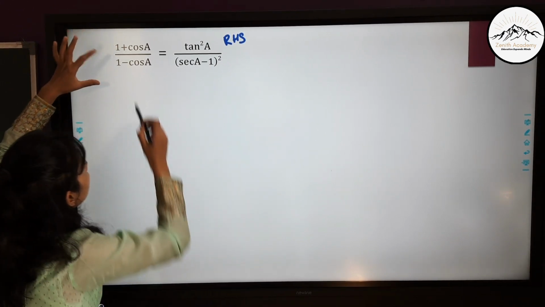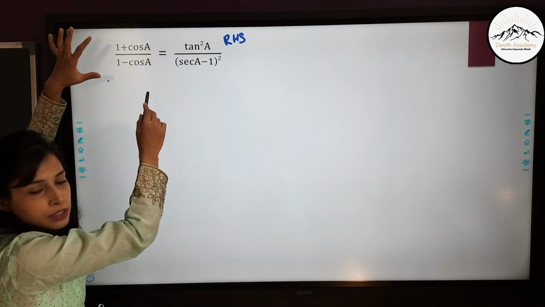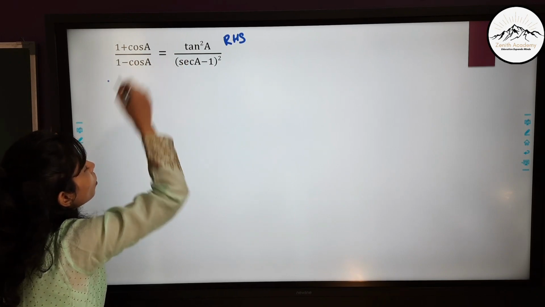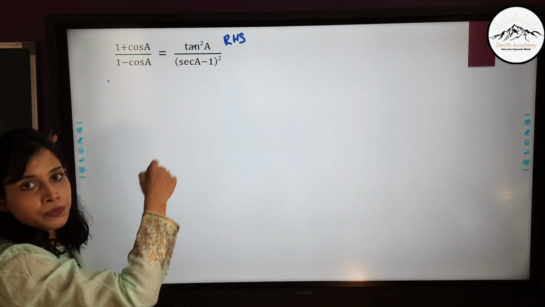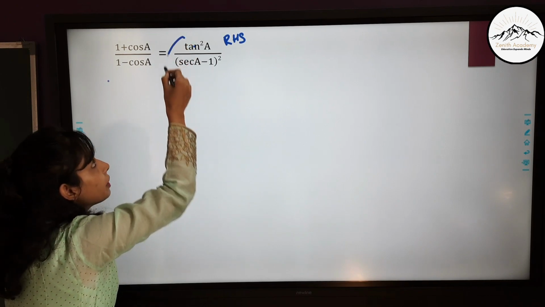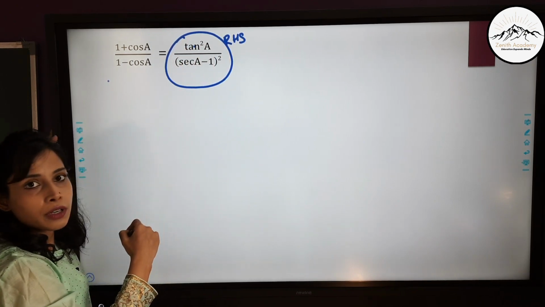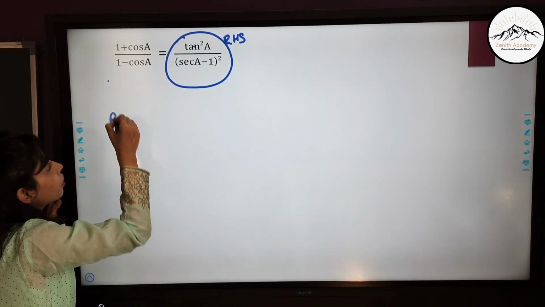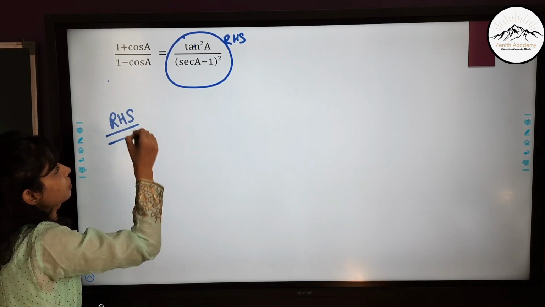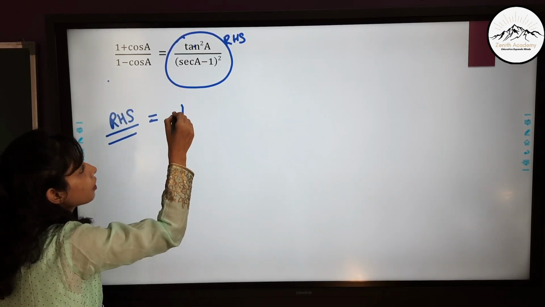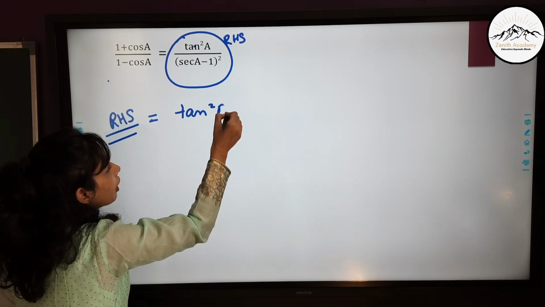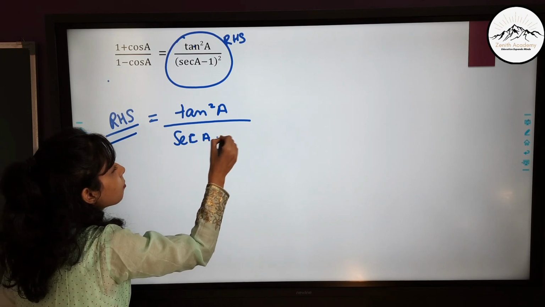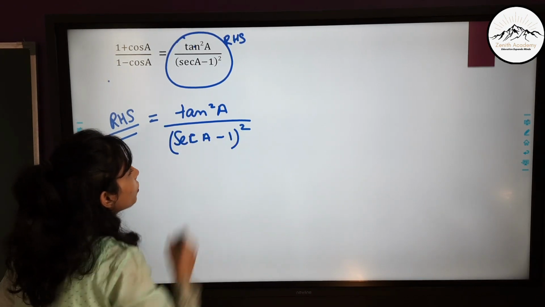Either we can take LHS or we can take RHS, but since here it is only given cos and we need tan and sec in the RHS, what will be easier for us to convert into cos is this RHS. So to perform operations, we will first take RHS, tan square A upon (sec A minus 1) whole square.